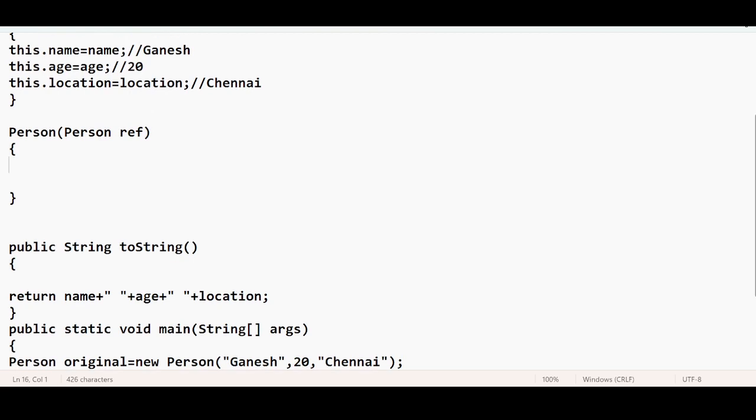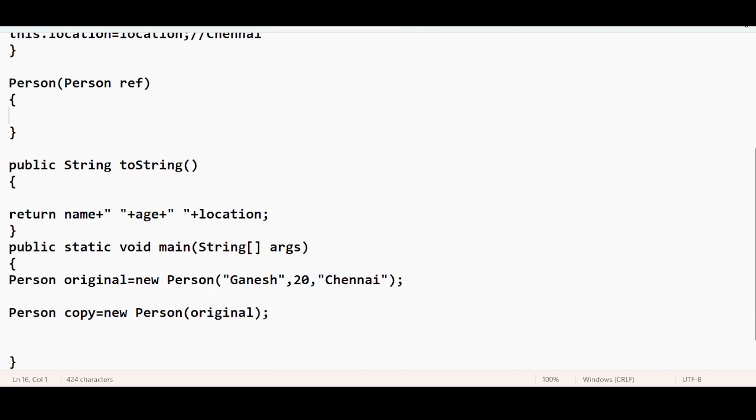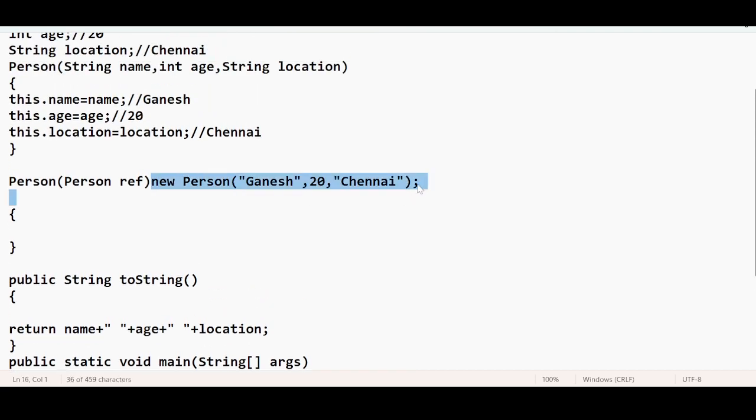When this constructor is invoked, it is just like we are passing this as a parameter. Indirectly, we are passing this as a parameter to this, right? So this reference is identified by Ganesh, 20 and Chennai.